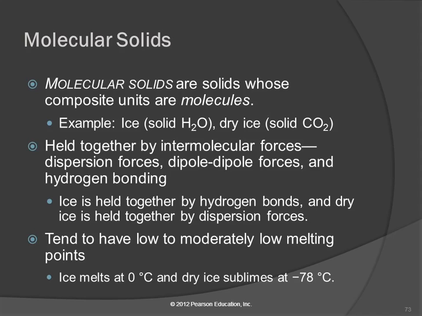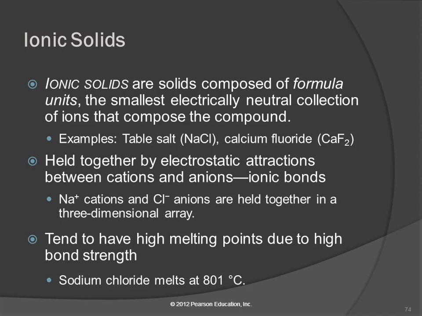As I usually do, I kind of said most of this stuff. Ice is a molecular solid. Dry ice, solid CO2. They're held together by intermolecular forces, and they tend to have low to moderately low melting points. There will be differences depending on how strong the intermolecular forces are. Ionic solids are held together by ionic bonds, with high melting points.